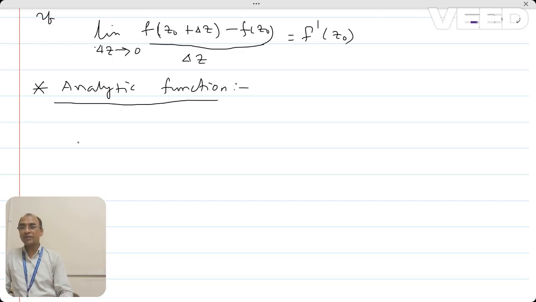So what is the actual definition of the analytic function?